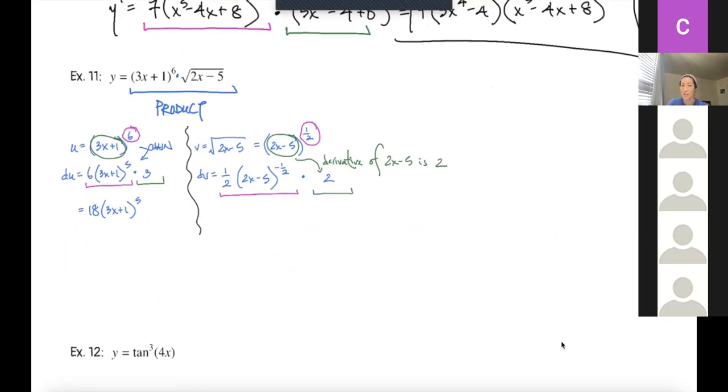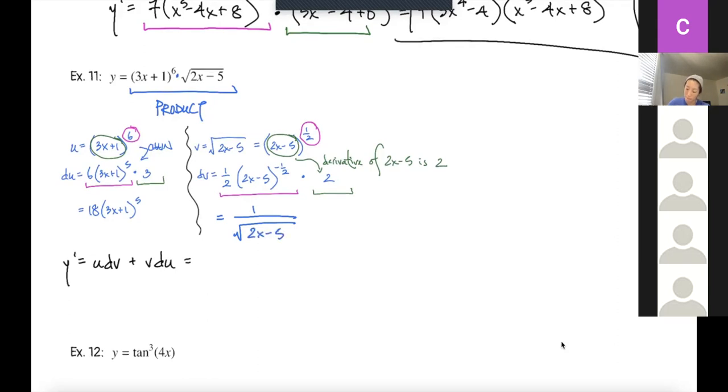All right, well, let's finish this problem and see how it goes. If we want to find y prime, the product rule says I need to use u dv plus v du. So we're just going to plug in the parts that we have. I suppose we could have simplified this dv and gotten 1 over square root of 2x minus 5.